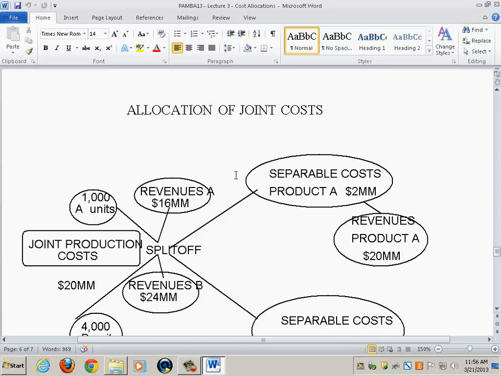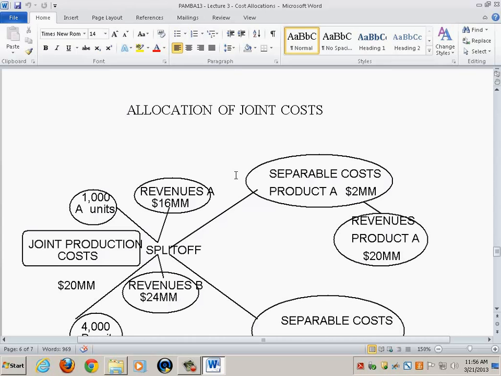So the question is, in joint cost allocation, how do you allocate the joint costs of raising the sheep? What part of it would you allocate to wool, and what part would you allocate to mutton when you do the costing of the two products? And the answer is very difficult.